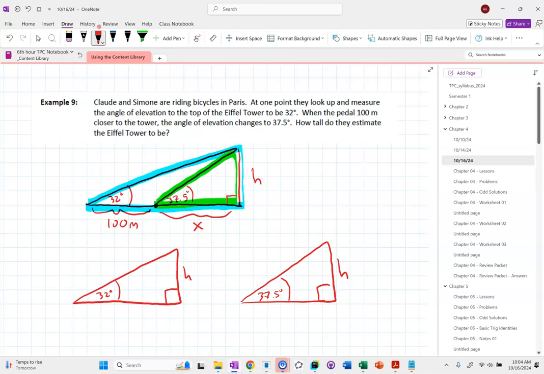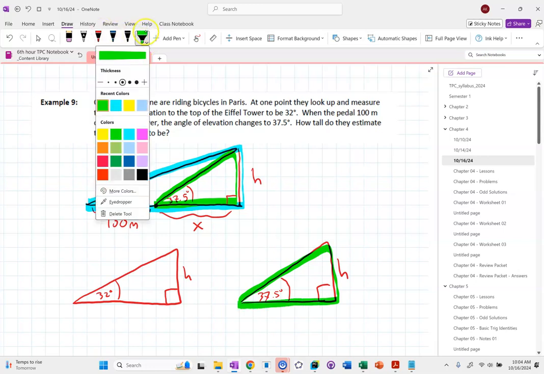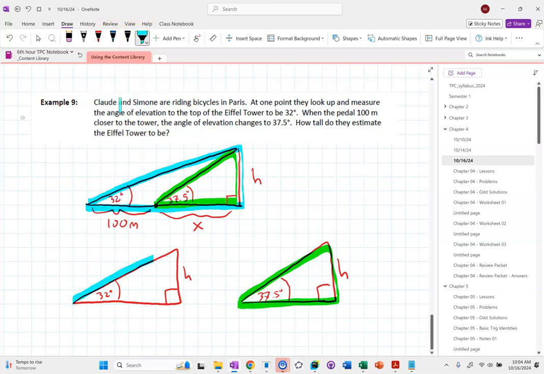If I look at the base of the second triangle, that's the green one, what label should I give the base of that triangle? Should be X, right? Can everybody see that? What about the blue triangle? What should I give as the label for that base?